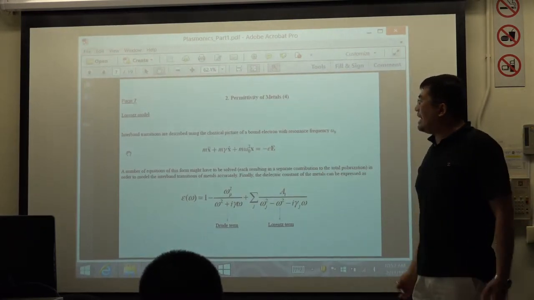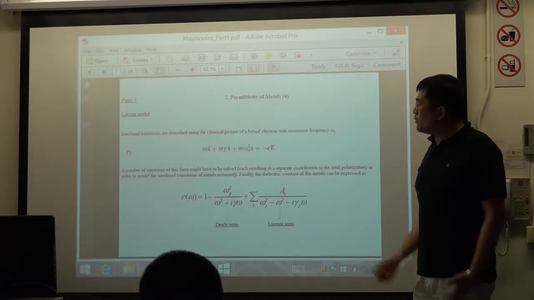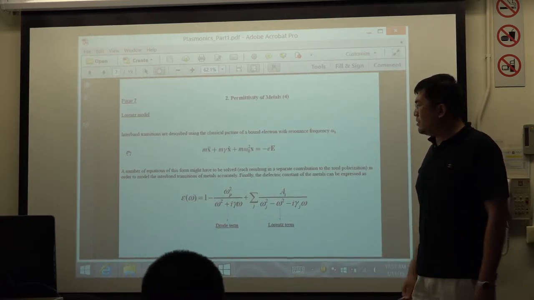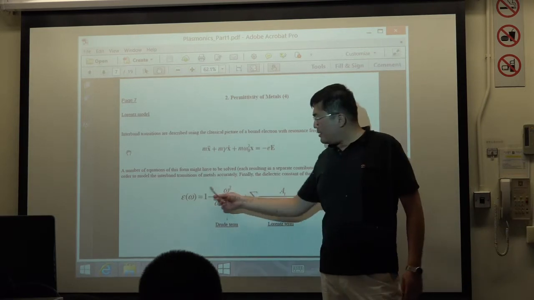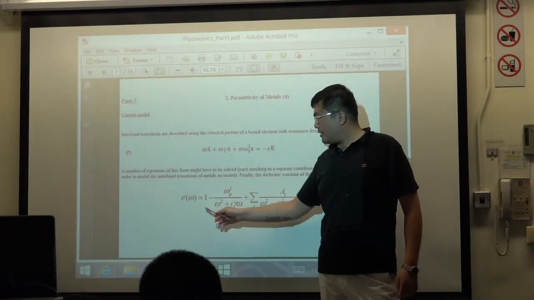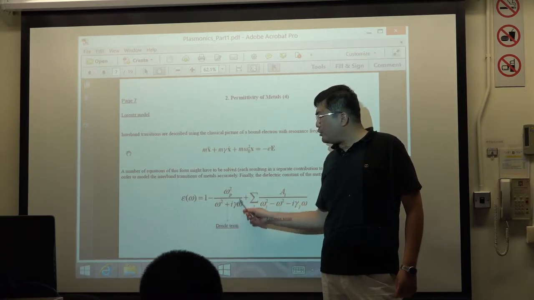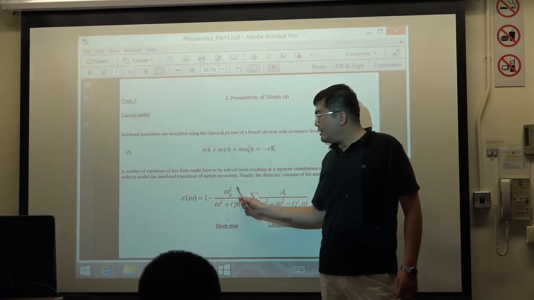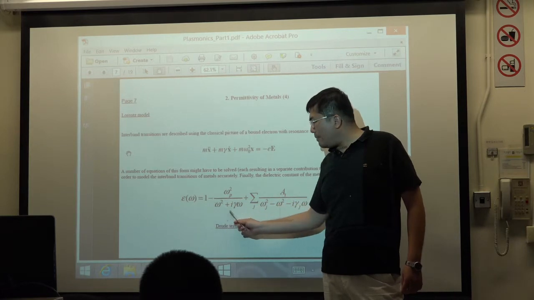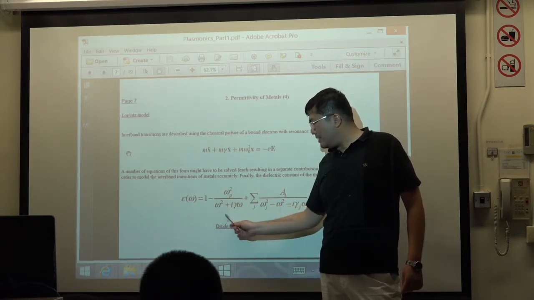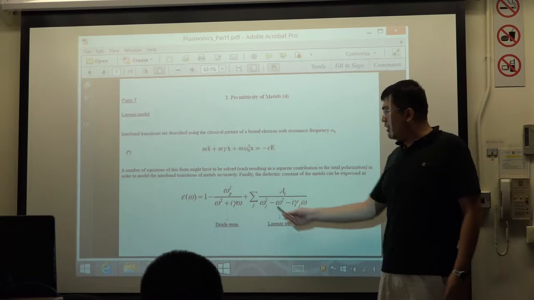So finally, how do we represent the permittivity? One part is the Drude model, which captures the intraband transition. This is the main part for plasmonic effects. Another part is just a Lorentz term.